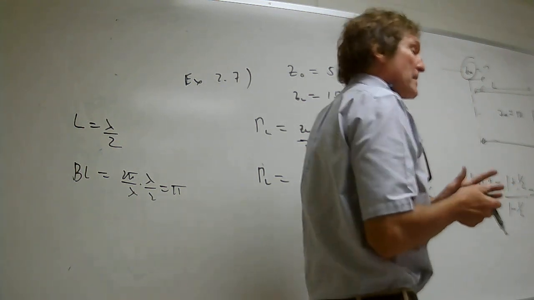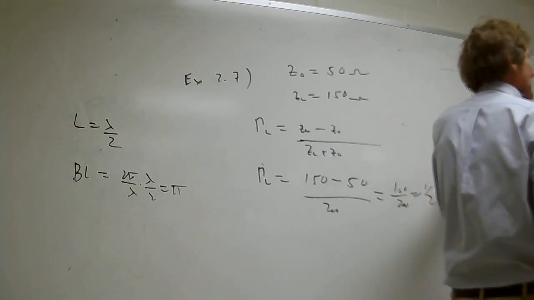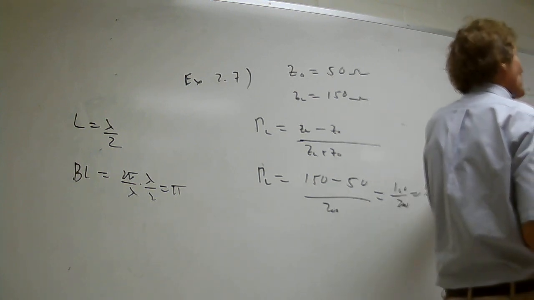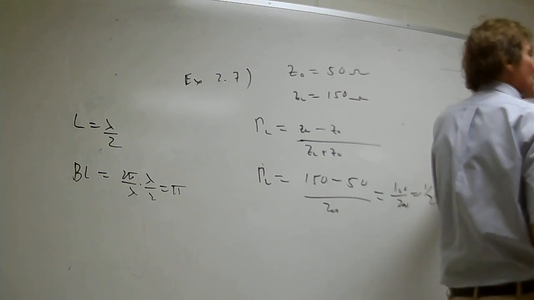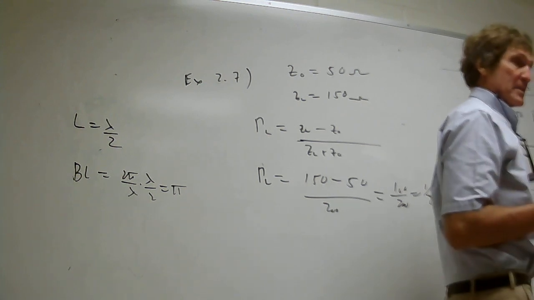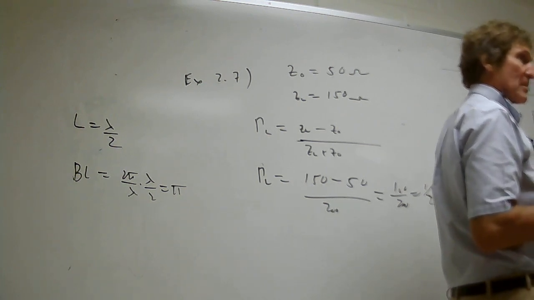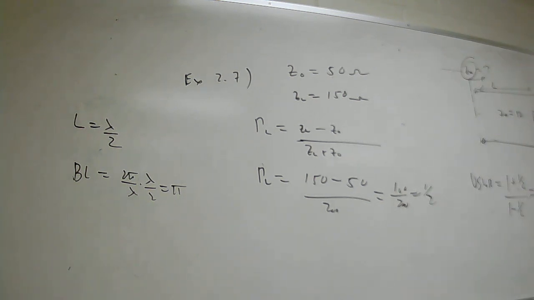So if I want the input impedance for a line that is, say, 5.3 lambda long, I would just subtract the 5 lambda, because only the 0.3 matters. Every half wavelength, the thing repeats itself. We'll see more about that later, and it's an important fact to keep in mind.